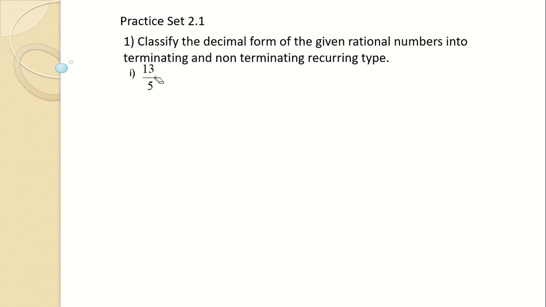So if in the denominator there is a factor of 5 or 2 only, no other number than 5 or 2, then it is terminating type. But if there is any other number apart from 5 or 2, then that is non-terminating recurring type. So this is going to be terminating type.